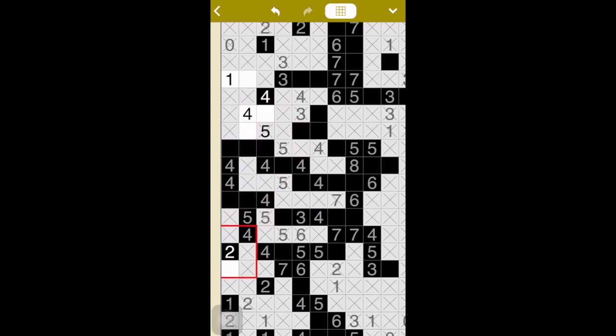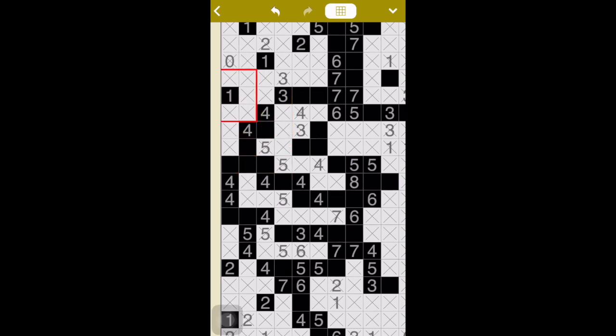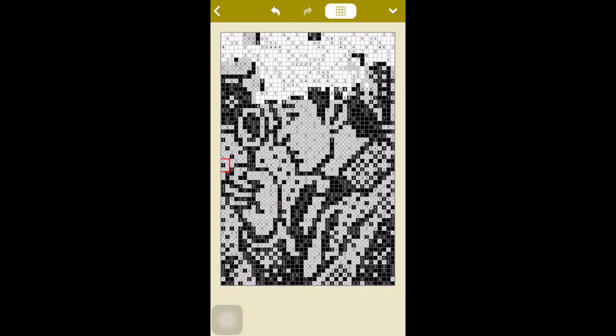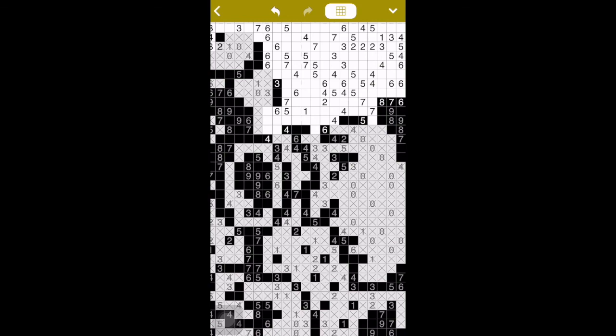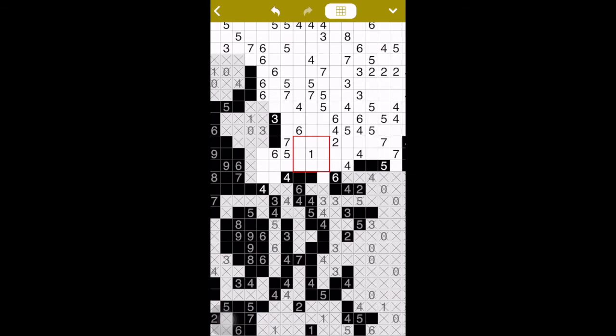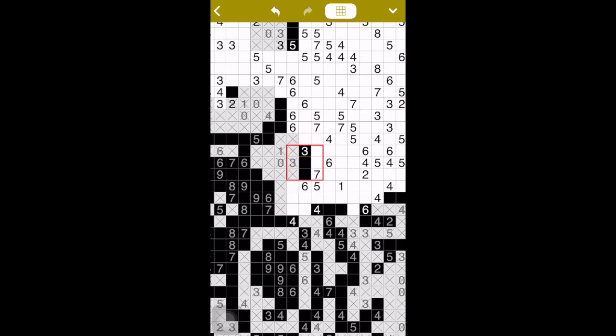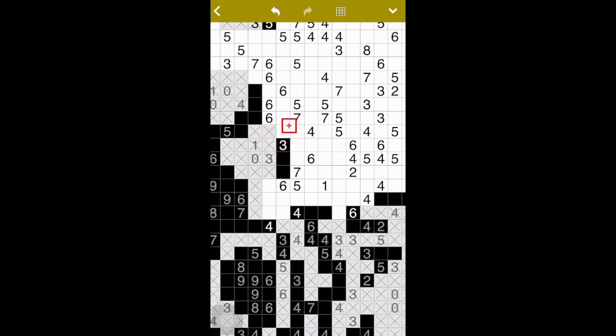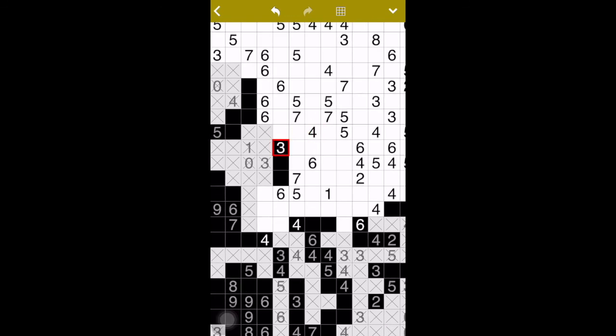Okay, so that is that. We still have, wow, we still have much to do. Let's look at the 7. Okay, 7 and the 5, I need 2 black spaces in the bottom row. Because of the 3, I could have only 1, so that means this one is a black space. That will partially complete the 3, right?